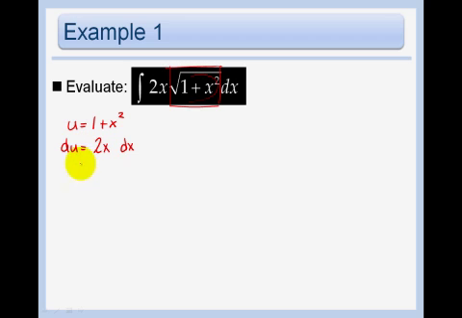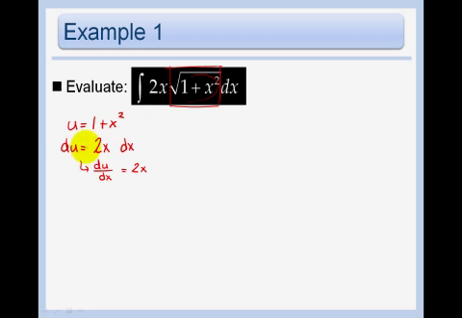Another way to think of this would have been we were taking the derivative of u with respect to x, and we got 2x, or we could just put it like this, because in the next step, we're going to do our u substitution.